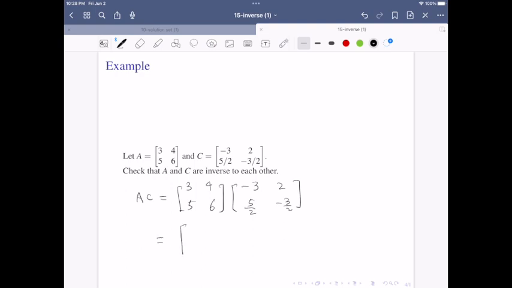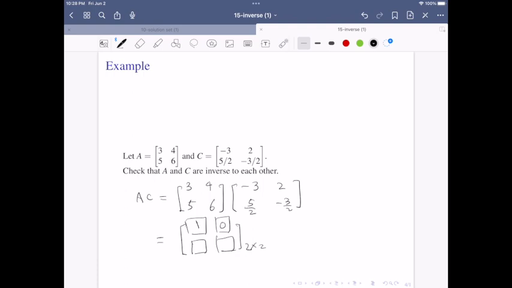So 2 by 2 matrix multiplied by 2 by 2 matrix. This is another 2 by 2 matrix. So we're supposed to have 4 numbers to compute. So the first number comes from this row, this column, which is negative 9 times 10, which is 1.